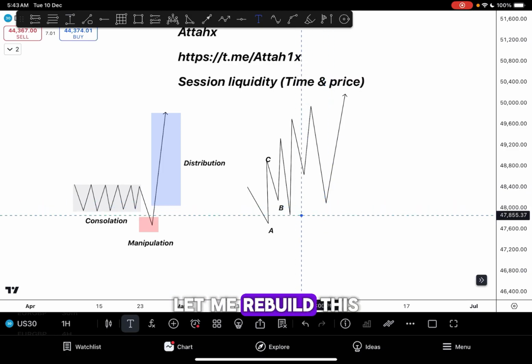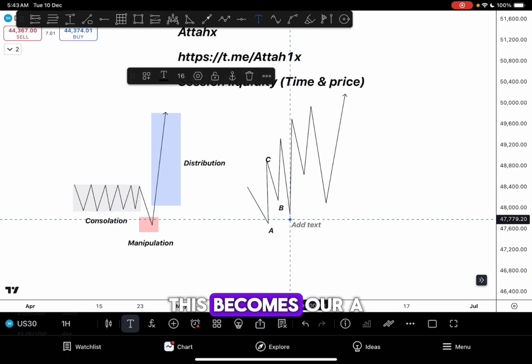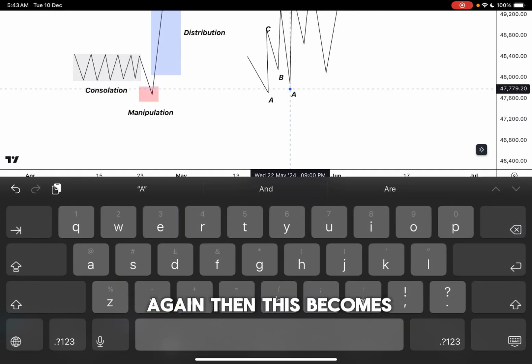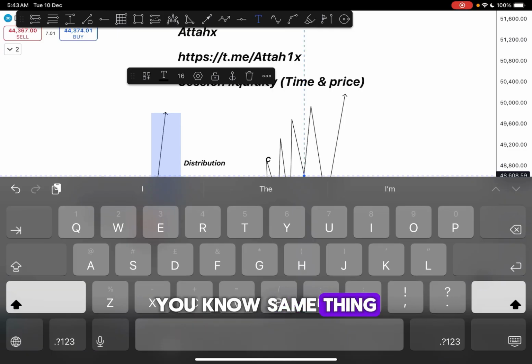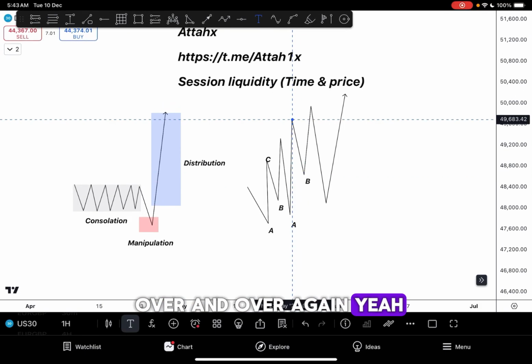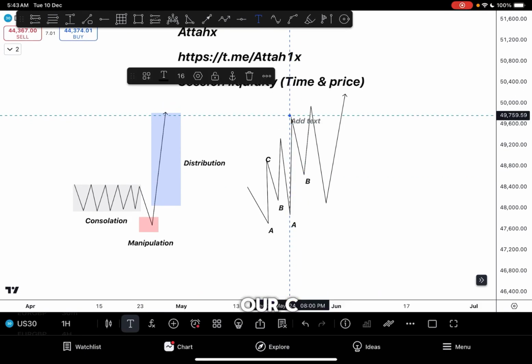Let me label this thing very well. Okay, this becomes our A again, then this becomes our B, same thing over and over again. Yeah, and then this becomes our C.